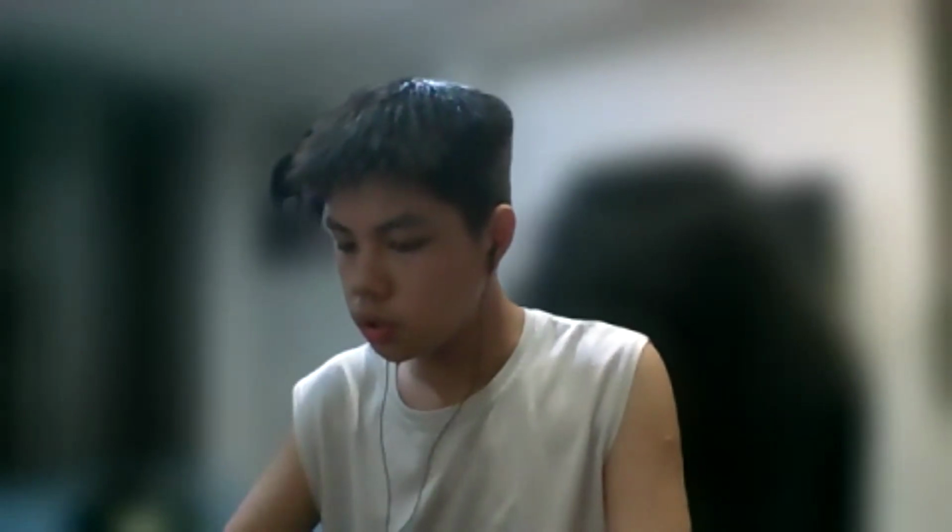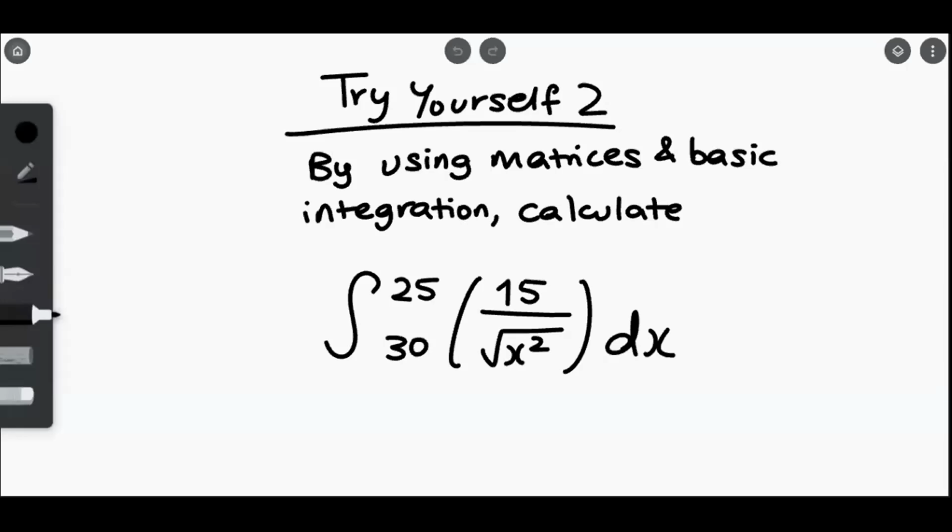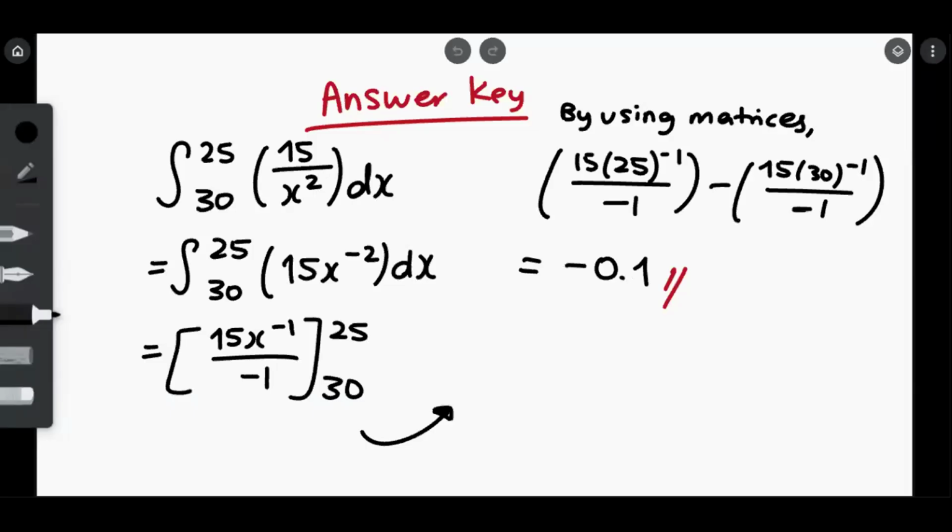Okay, time is up. So I will need to go through this question pretty quick. Basically your answer should look something like this. Okay, so this is the answer that you should get.